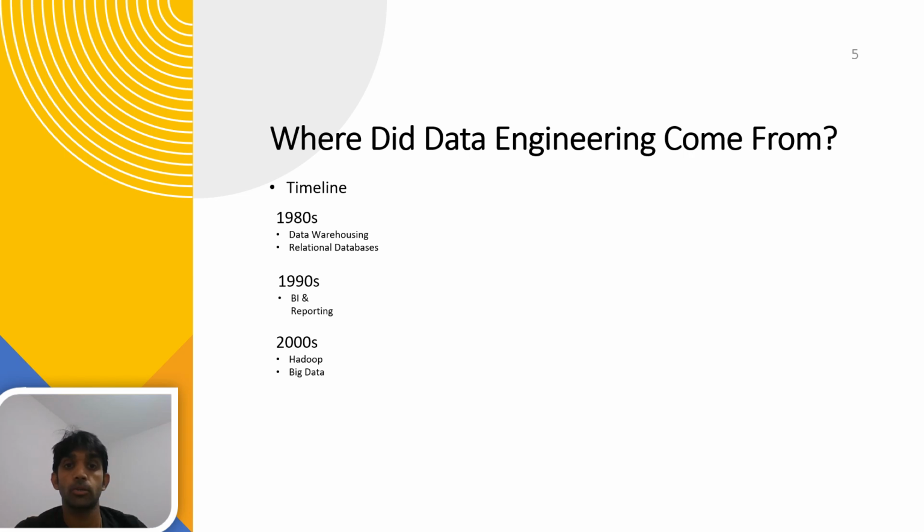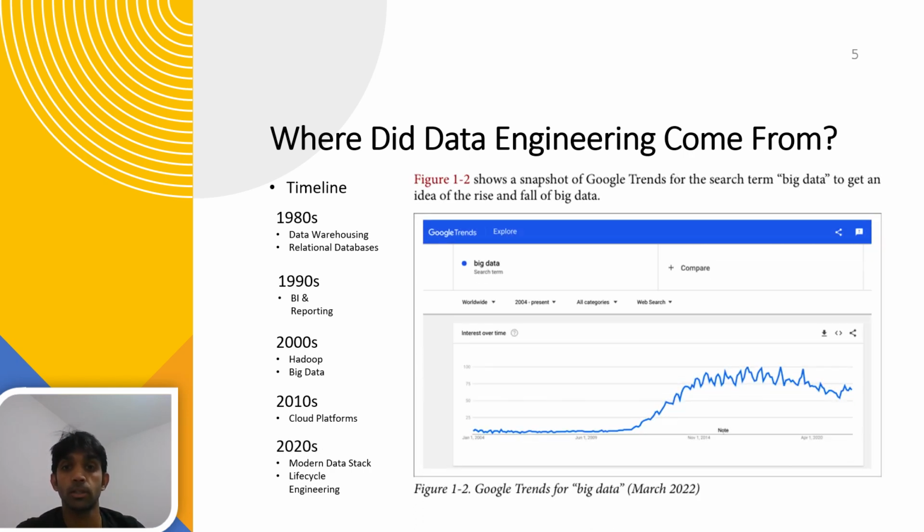And in 2010s, cloud platforms emerged, transforming industry by making scalable infrastructure available on demand. Today, in 2020s, we focus less on individual tools and more on managing the entire data lifecycle.